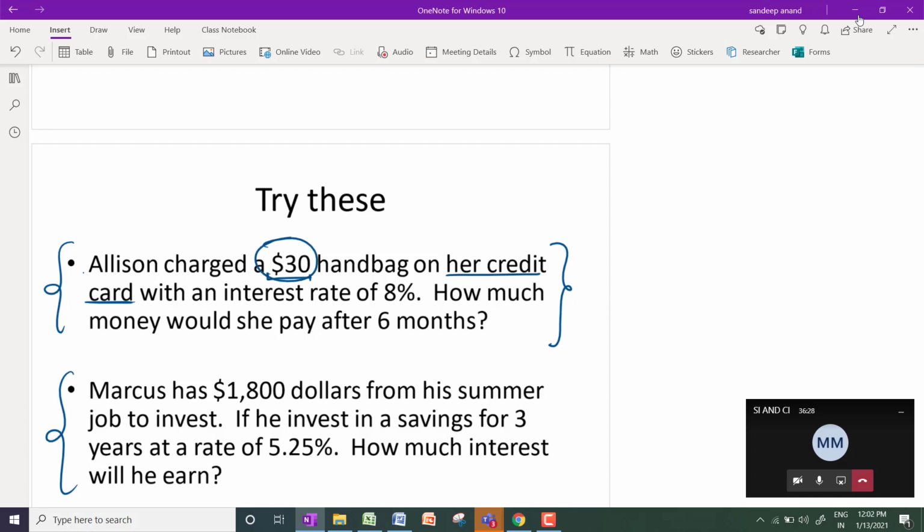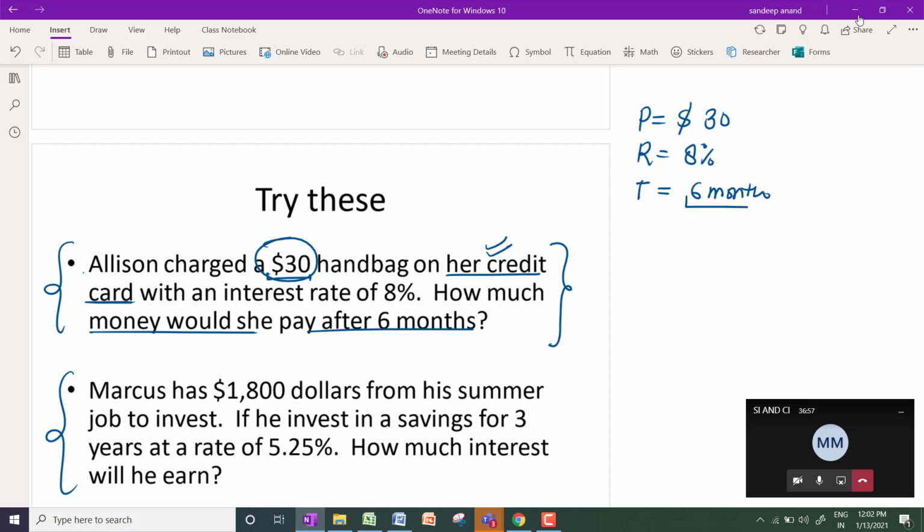Try to understand this. $30 is borrowed, not invested. How much money would she pay after 6 months? So your P value, which she borrowed, is $30. Credit card interest rate is 8%, and the time is 6 months.